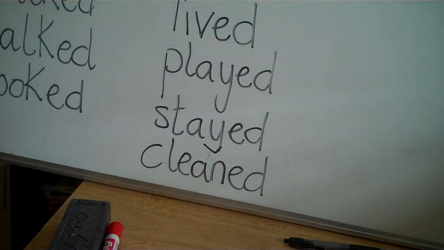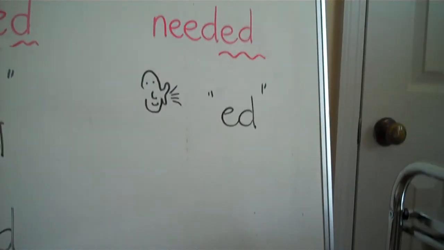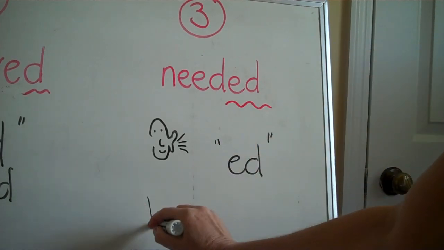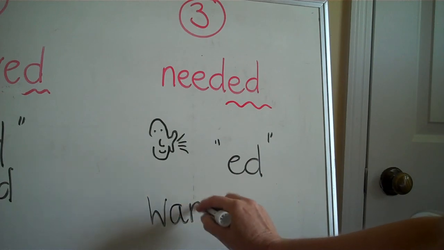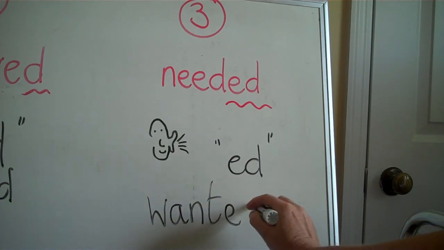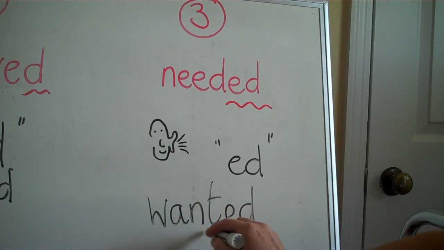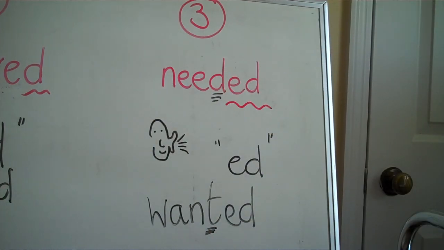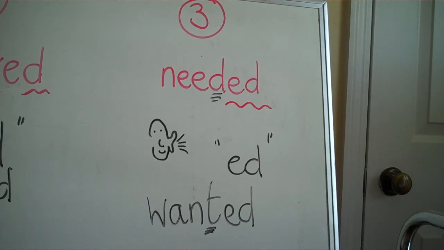Our last group. Need, needed. Can you remember some of the other verbs that we talked about? We had want, wanted. My last letter is a T. In need, my last letter is the D. So needed, wanted.